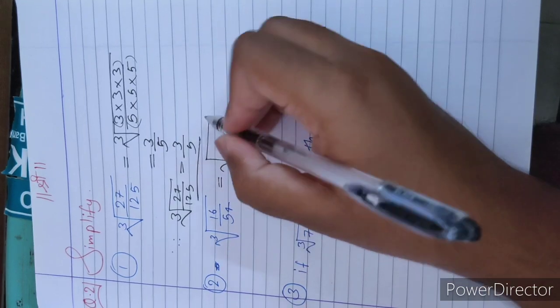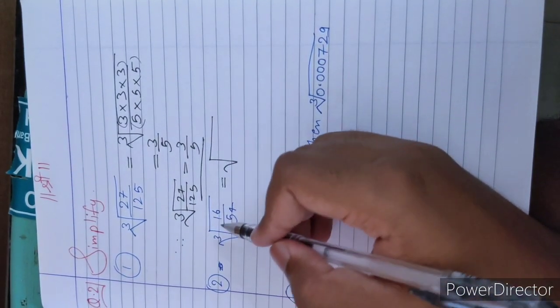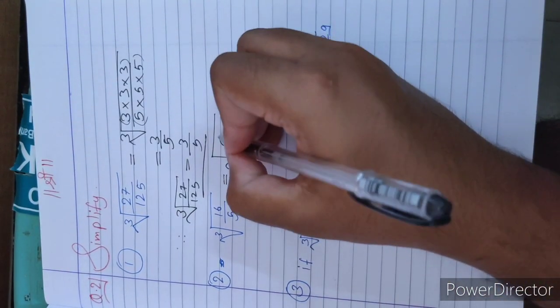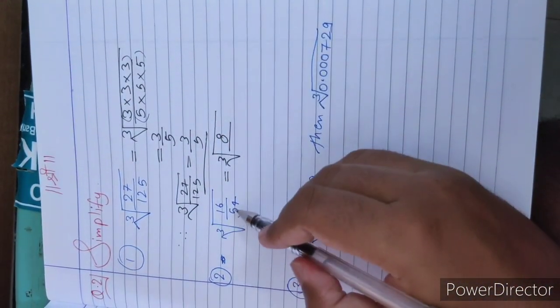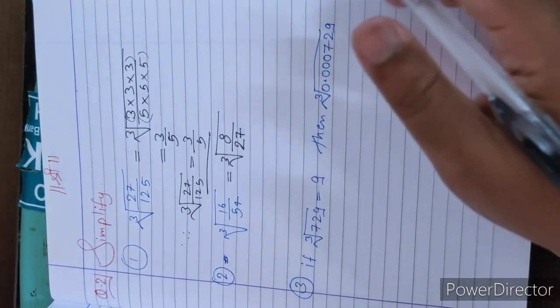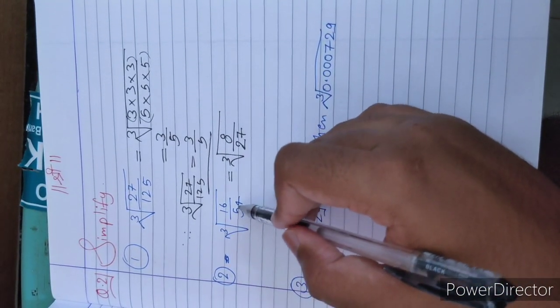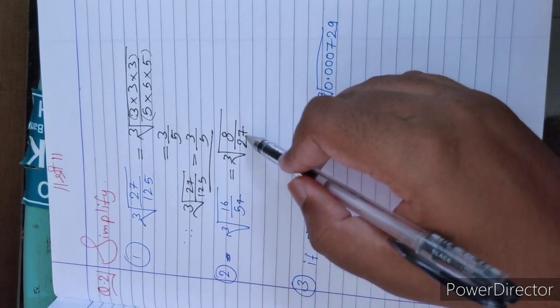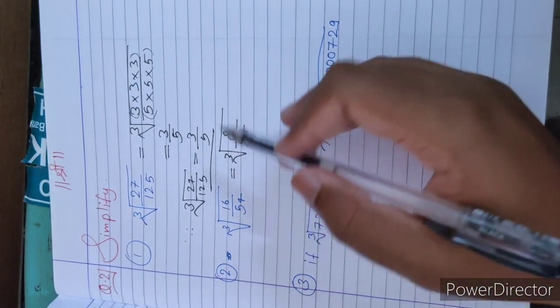So 16 divided by 2, half of 16 is 8. Okay, and half of 54 is 27. Simply we have to divide the given number by 2. Again we are not able to divide these two numbers further. Okay, so we will do our method.